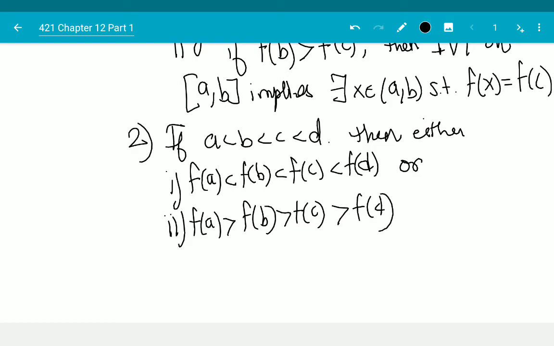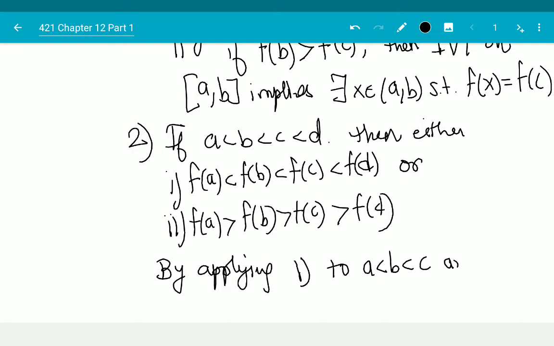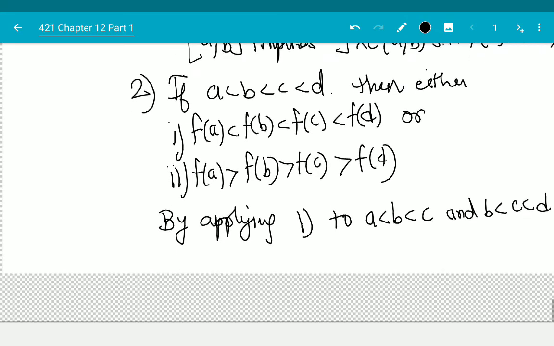Proof by applying 1 to A, B, C and B, C, D. Okay? So I apply it to any of these two, I get this.